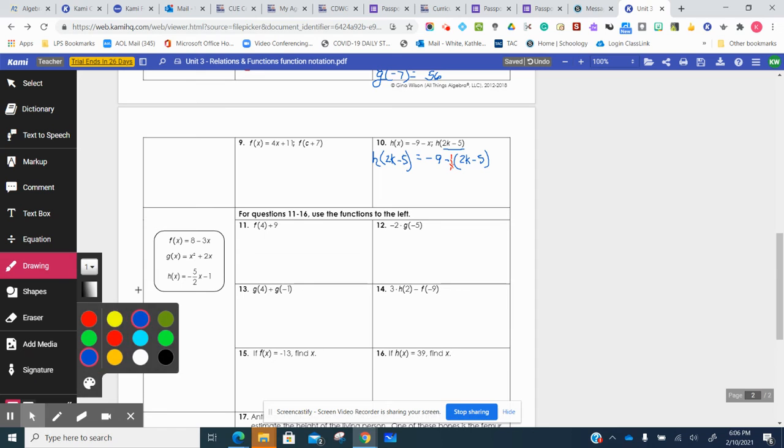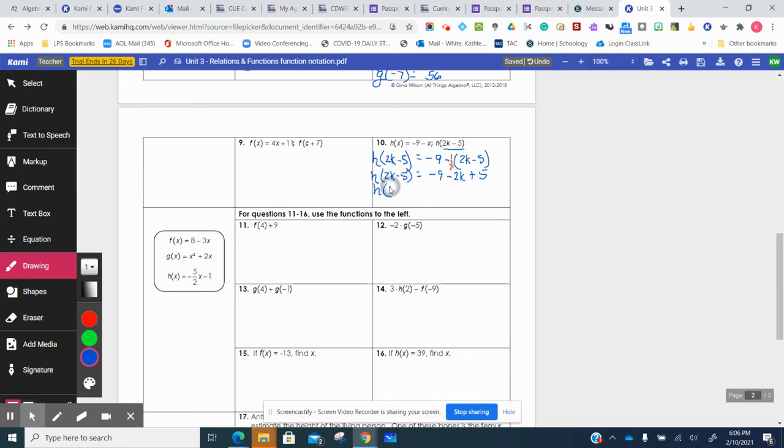So let's just go back to green and we'll have blue, 2k minus 5 equals -9. Remember, I have to distribute here. So I'm going to distribute -1 times 2k is -2k, and -1 times -5 gives me a positive 5.